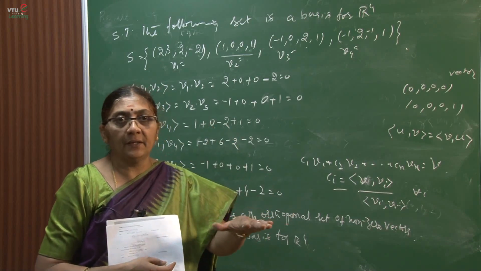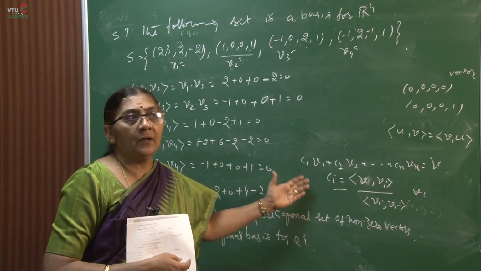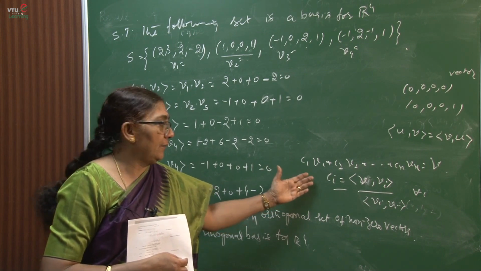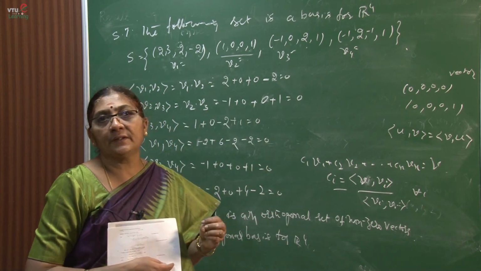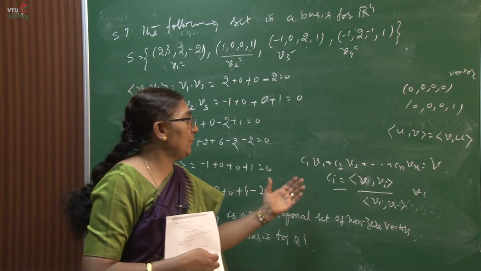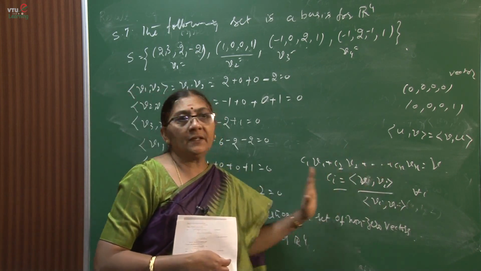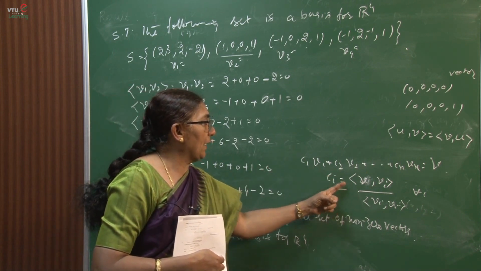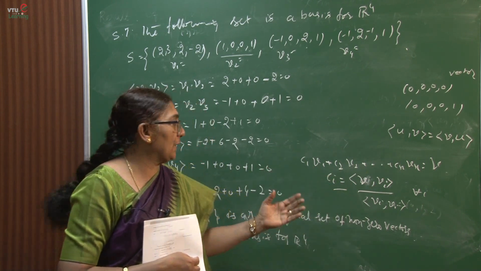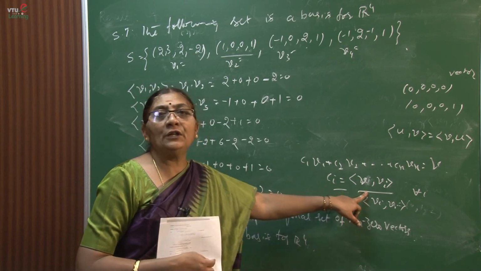You know how to find Ci values in a linear combination from the first chapter. That is one method. Here is another method: whenever the given set of vectors is an orthogonal set, if you want to express any vector as a linear combination, how do you find the Ci values? This is an alternative formula.